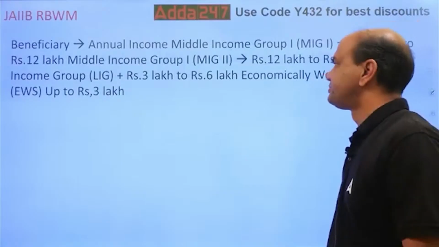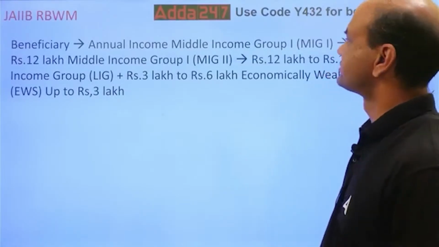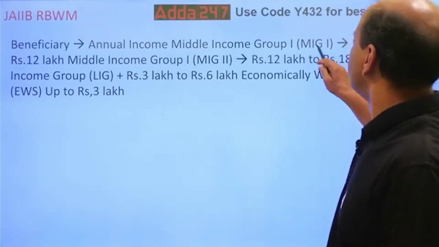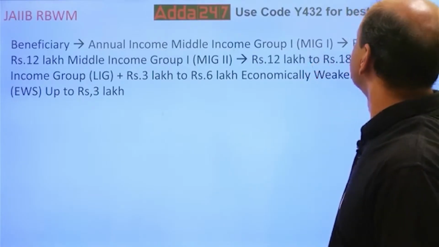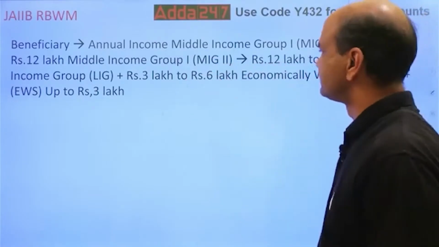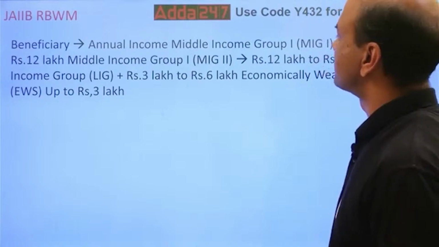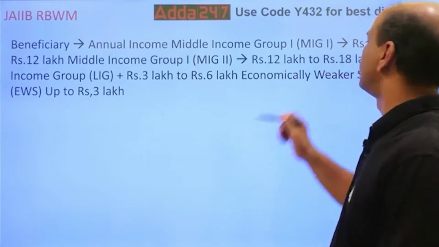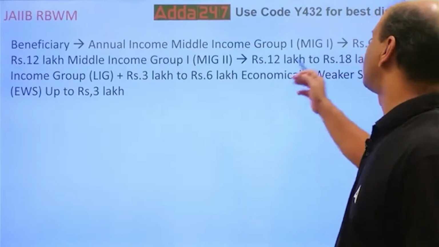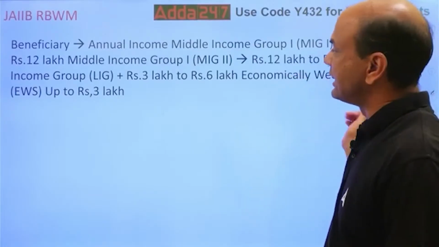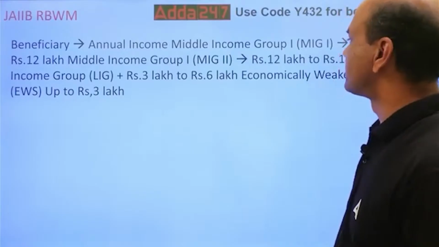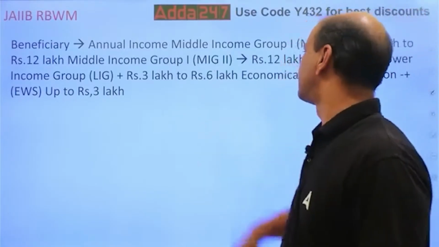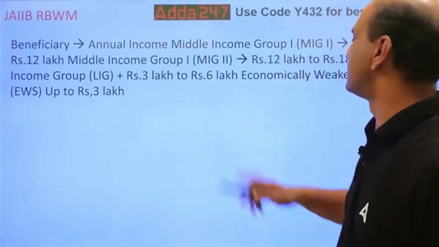See this. MIG 1, 6 lakh to 12 lakh. MIG means what? Middle income group. MIG 2, 12 lakh to 18 lakh. LIG is lower income group, 3 lakh to 6 lakh. And EWS is up to 3 lakh.